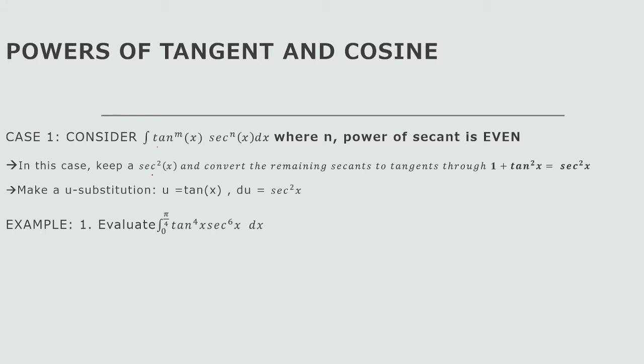Okay, let's proceed with the powers of tangent and secant. So for powers of tangent and secant, case number 1, the power of the secant should be even. So if that is the case, you're going to keep secant squared x, and then the remaining will be transformed into tangent form, then make a u substitution. So for this problem, that's from 0 to pi over 4, tan to the power of 4x, secant 6x.